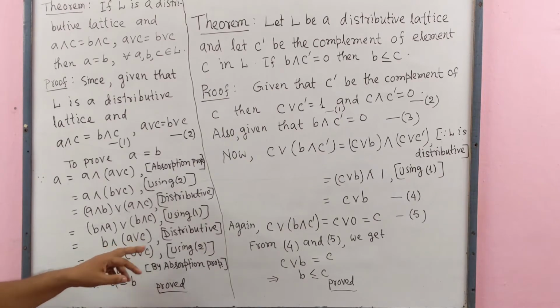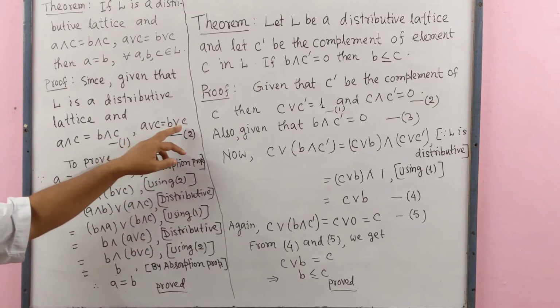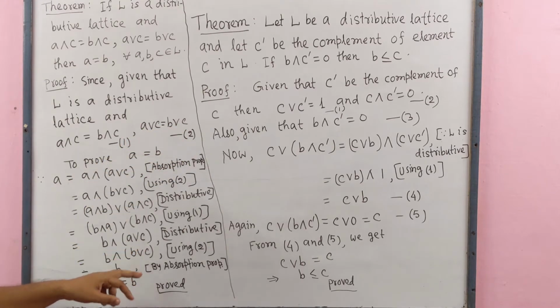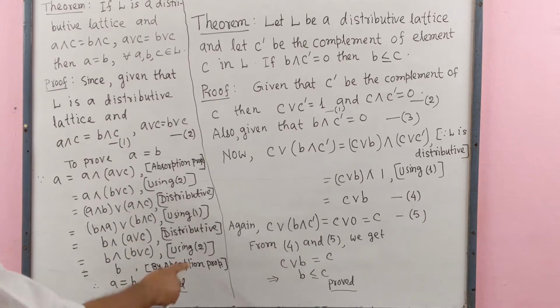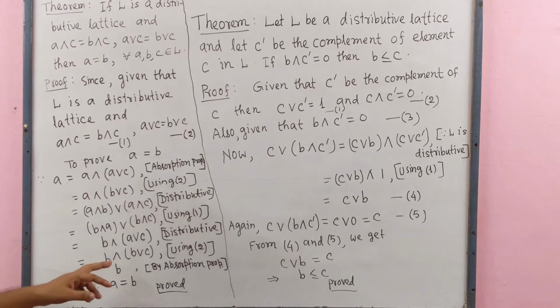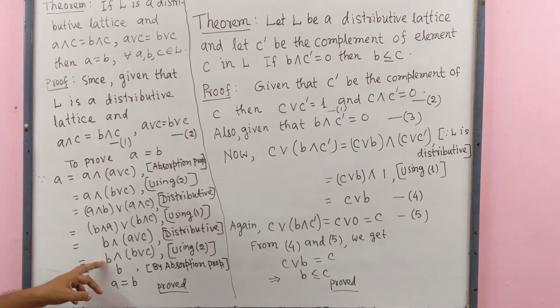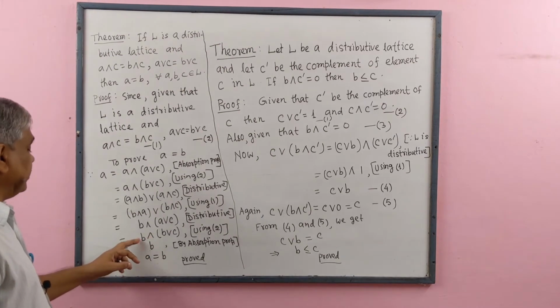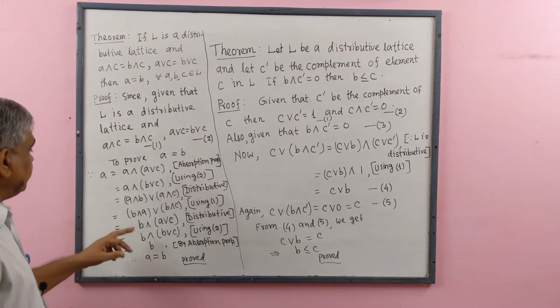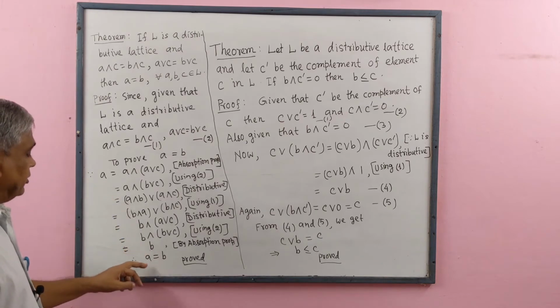Since A join C equal to B join C from 2, so here we write in place of A join C equal to B join C using 2. Here by absorption property, this is equal to B, because this is B join C and this is B. In meet we get the smaller element, that is B. Therefore A equal to B, proved.